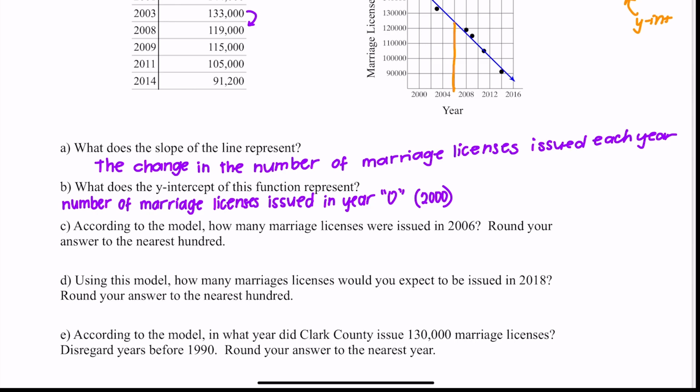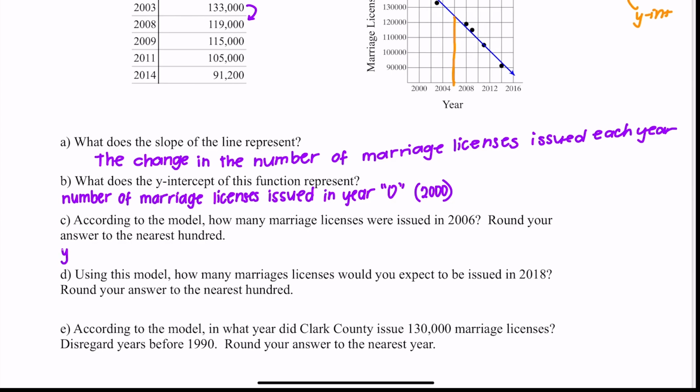And instead of trying to guess exactly what that number is, we're going to use the equation. So y is equal to negative 3,855.3 times x, where our x in this case is 2006, plus our y-intercept of 7,858, and then 3 zeros at the end of there.